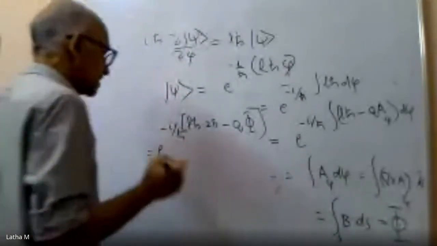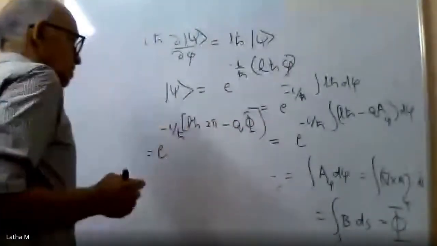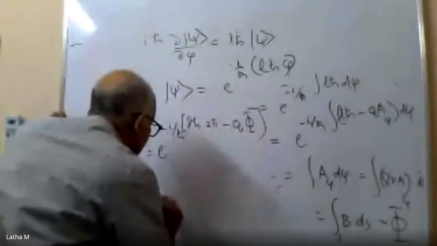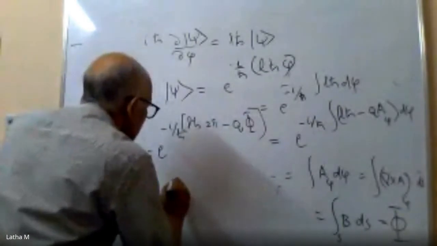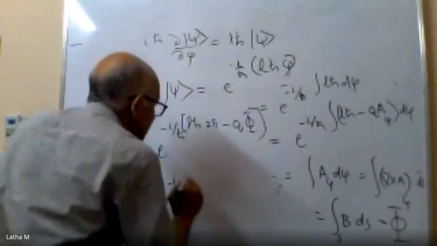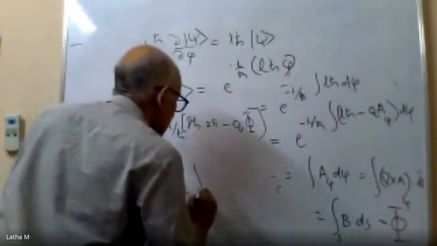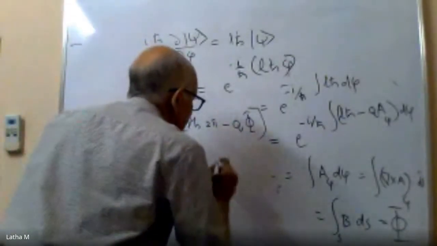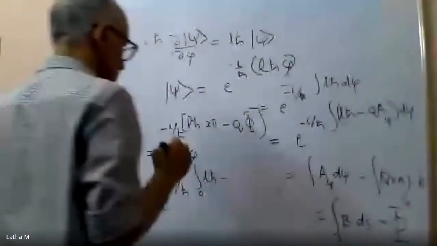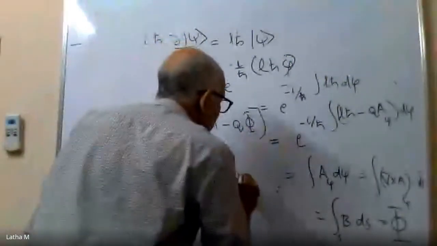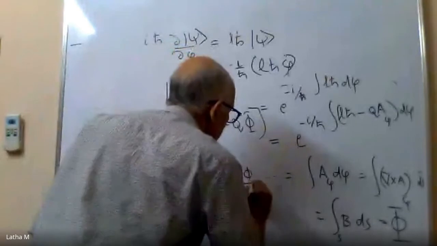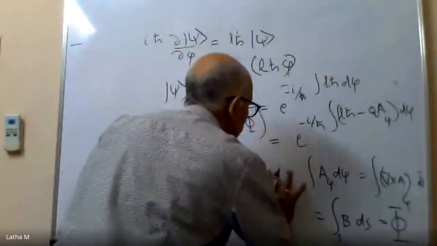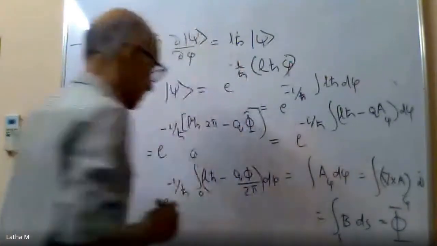And then we can say that in presence of an electromagnetic field, the new state is exponential minus i by h cut integral 0 to phi of L h cut minus Q phi by 2 pi into d small phi.